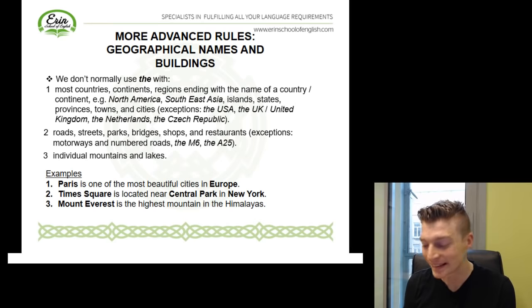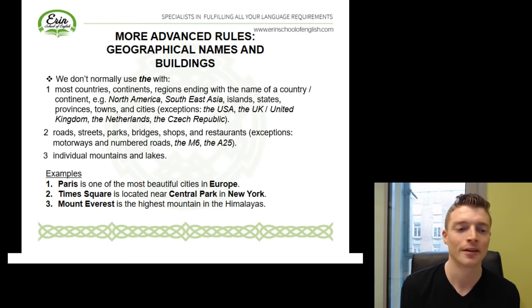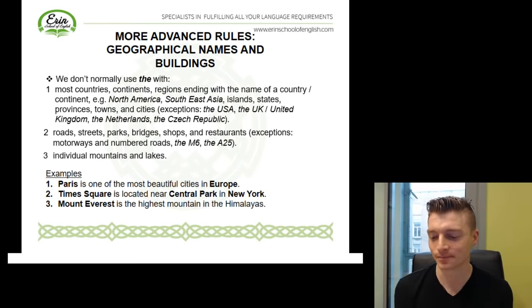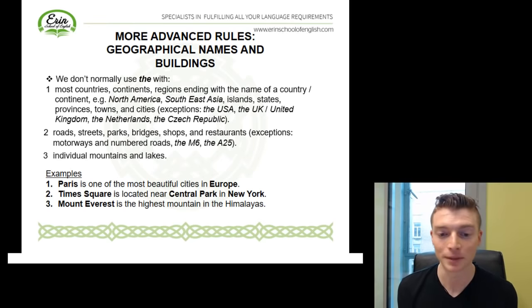If we're talking about an individual mountain, no article. Mount Everest, Mount Kilimanjaro, and also lakes. So in Europe, we've got many famous lakes, Lake Bled, Lake Como, for example, not the Lake Bled.